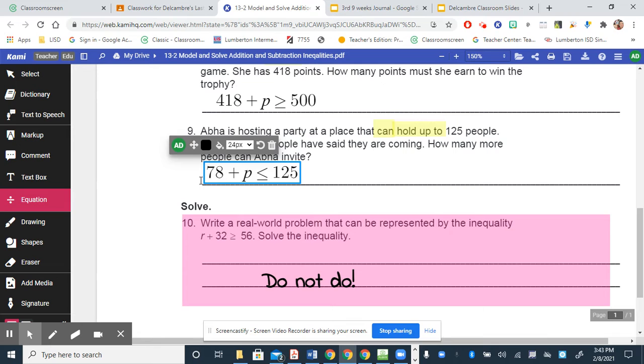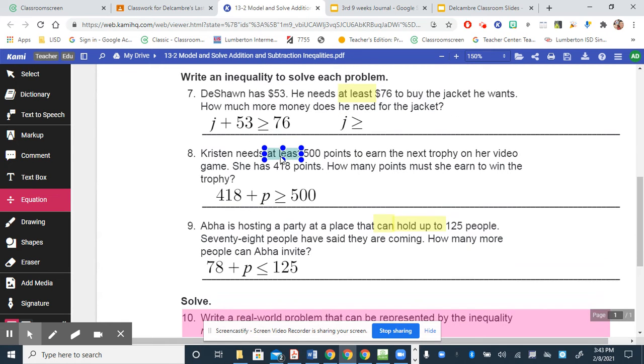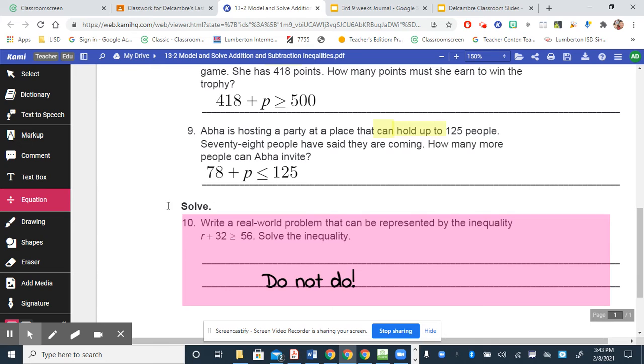So she can have 78 plus what gives me something less than or equal to 125. You need to solve how many people she can still invite, but still be at or below the 125. So you need to solve for what P would equal. I put P as a variable, but you could have used a different variable. Number 10, you will not do.